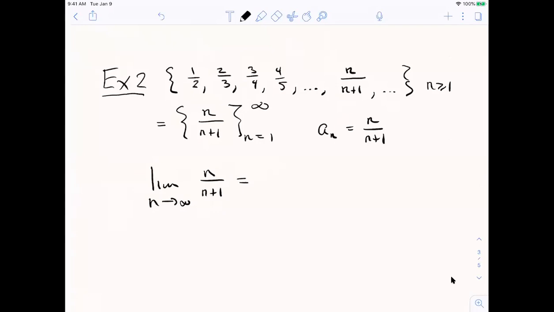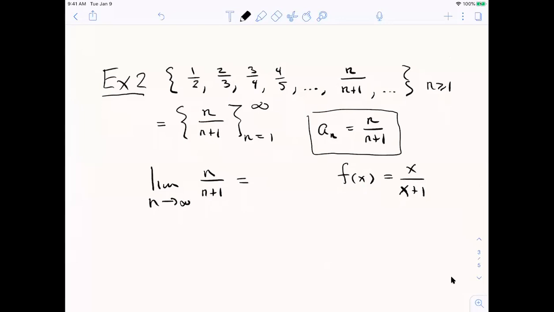Looking at that expression, we have some experience with limits. If I was asking you the limit as x goes to infinity of x over x plus 1, I bet you could tell me what it is. And in fact, this question has to have the same answer, because if we plotted the function f of x equals x over x plus 1, then these sequence values are just the y coordinates on that graph where the input coordinate is a whole number.